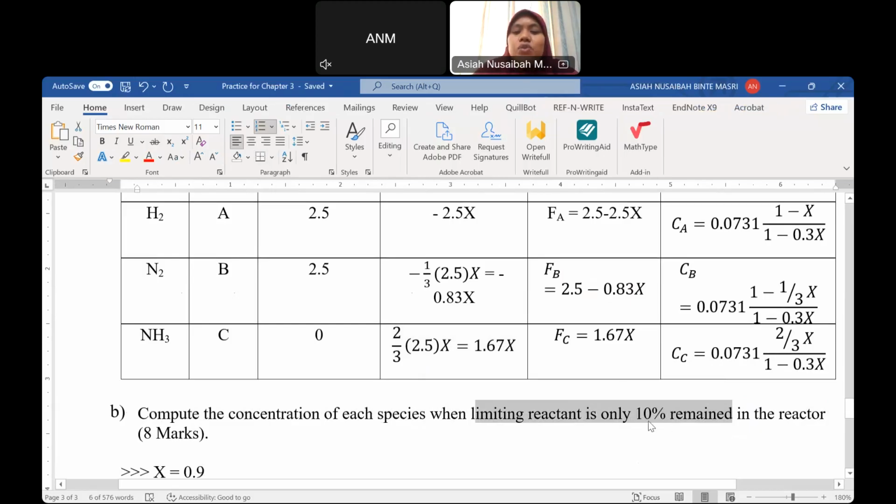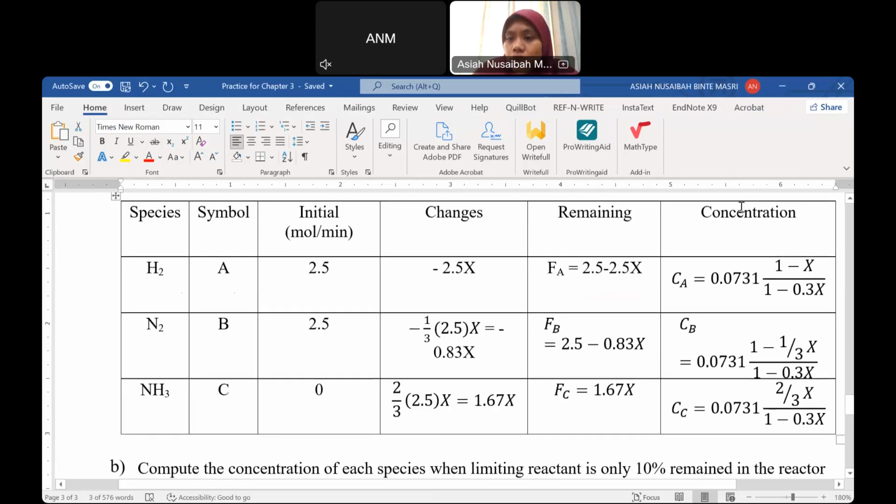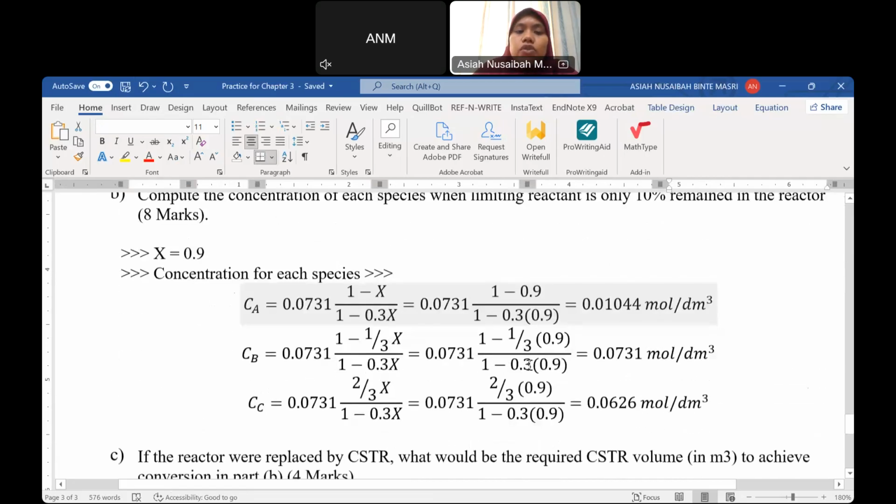So we got from the question that X is equal to 0.9. This concentration equation has only one unknown, which is X. So we can simply find Ca, Cb, and Cc by putting the value of X, which is 0.9. We do for all.